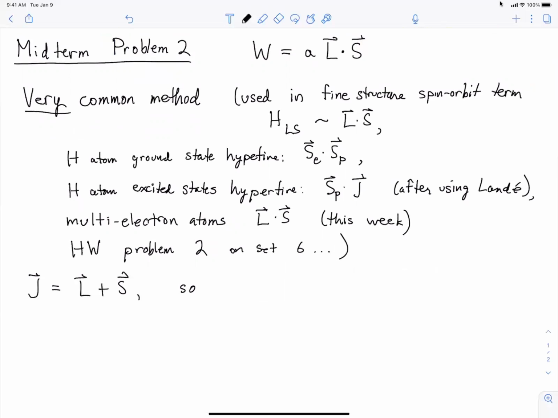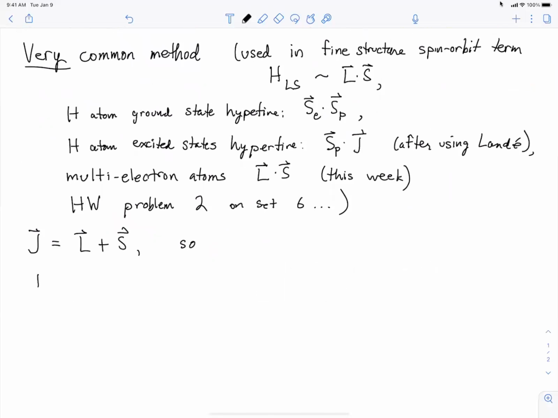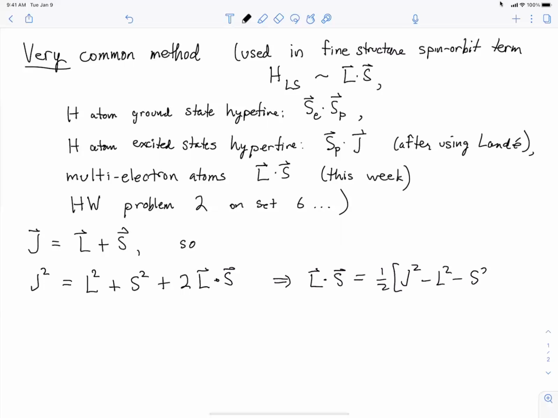If you take that operator and dot product it with itself, on the left-hand side you get J squared, the dot product of J with J. On the right-hand side, you get L squared plus S squared plus the cross term, which is 2 L dot S. And so you can solve for L dot S. L dot S is 1/2 (J squared minus L squared minus S squared).